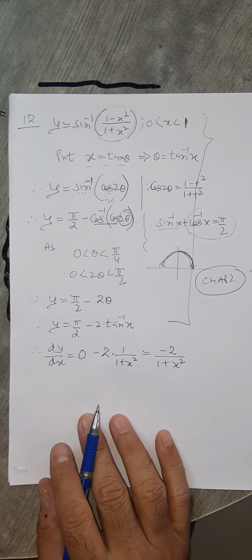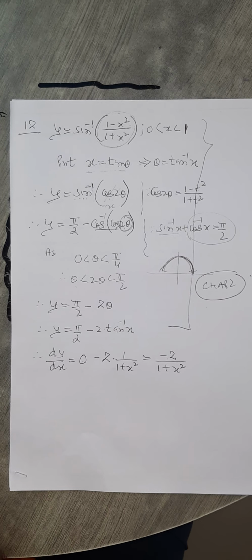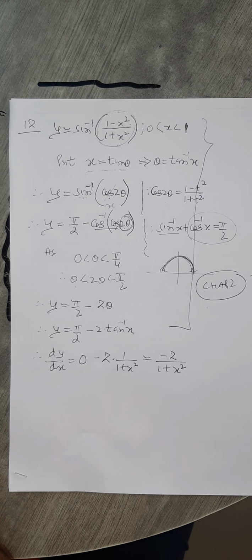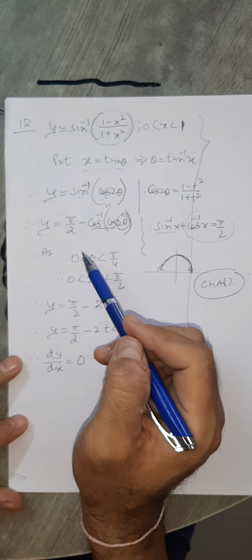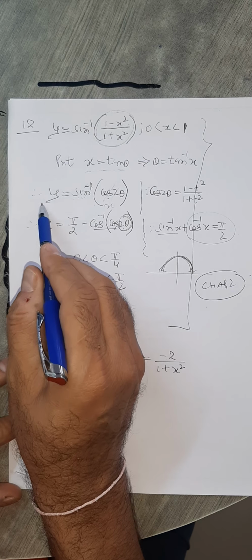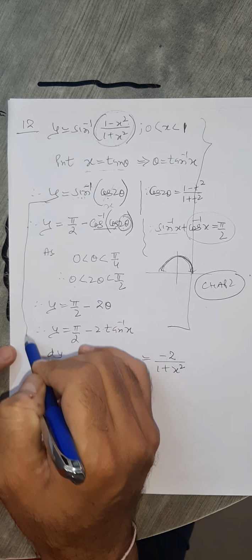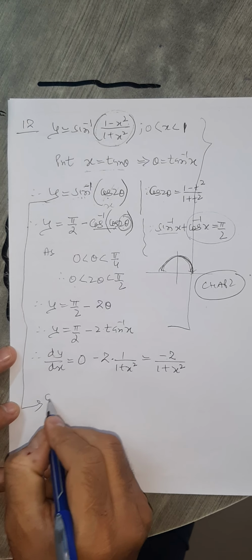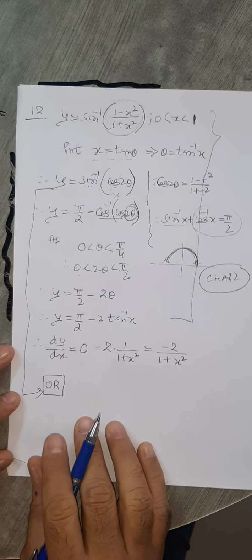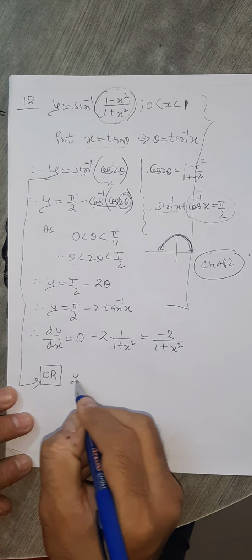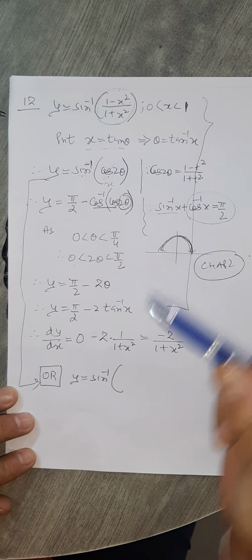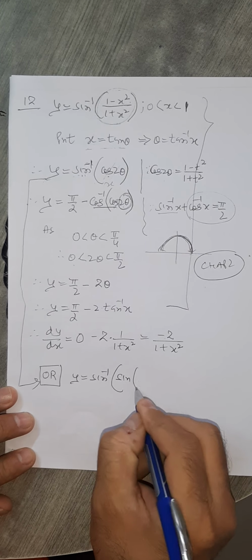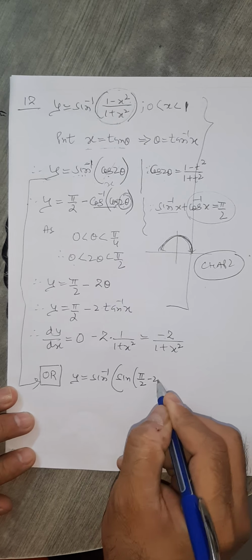Over here you could have done it like this also. It's up to you. From this place you can do it like this also, the choice is yours, whichever way you want. You can write y equals sine inverse, and instead of cos you can write sine of pi by 2 minus 2 theta.